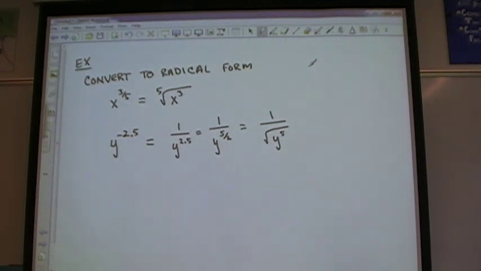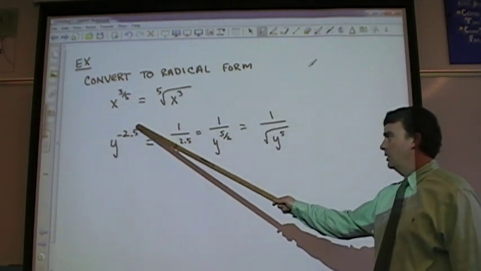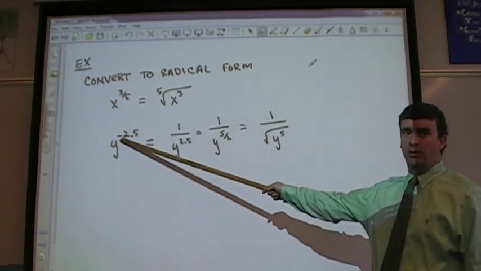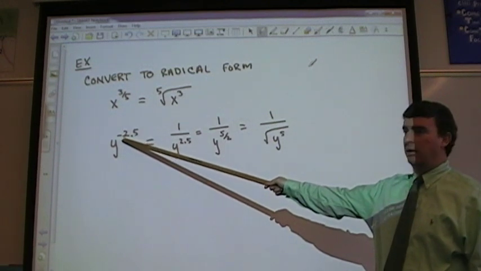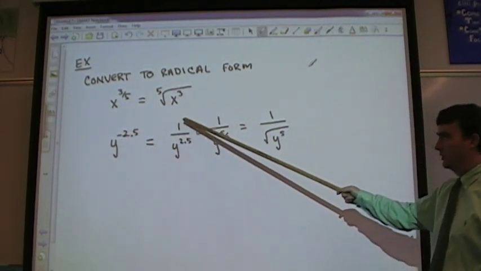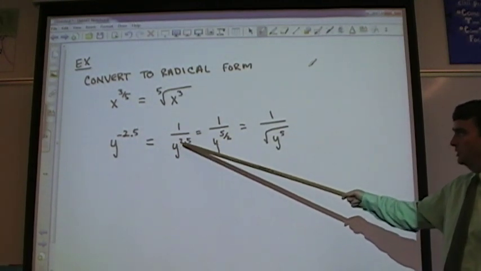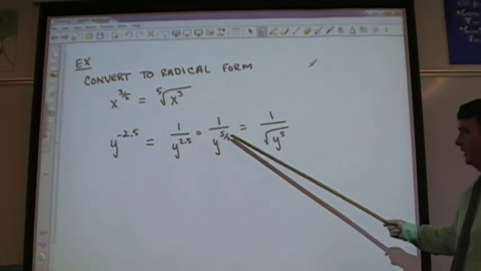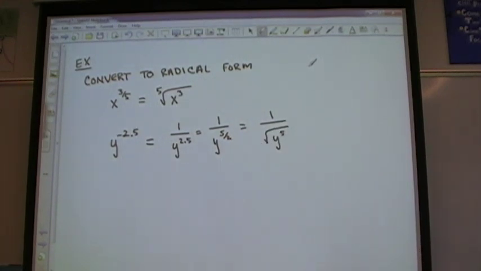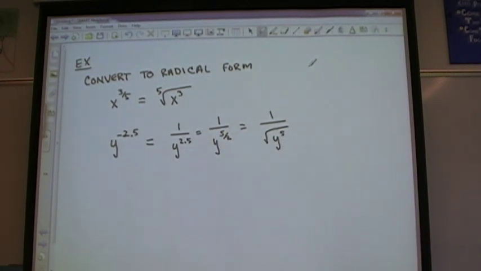In the second example, there are two things wrong with this. You can't have a negative exponent. You learned that back in Algebra 1. To get rid of a negative exponent, you just take the reciprocal to make it positive. Then change the decimal to a fraction, and then I can put it in radical form. Y to the 5/2 is the same thing as the square root of y to the 5th.